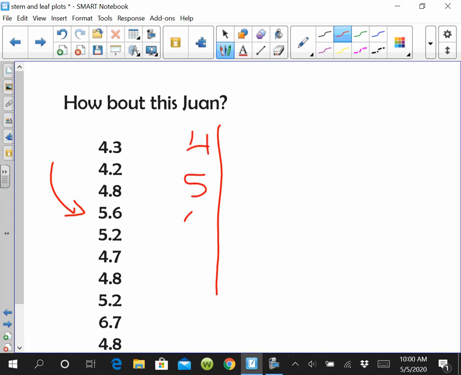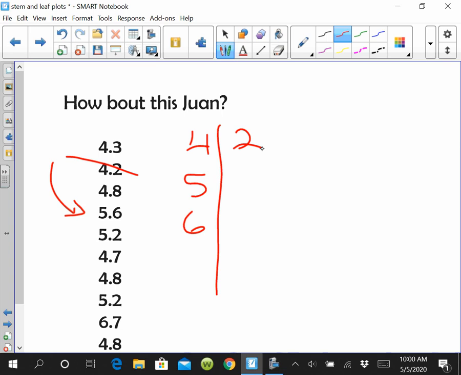If I was doing a stem and leaf plot here, I can see the numbers in the 4s, 5s, and 6s. And let's see, at 4, what's the smallest number here? 4.2. I'd go 4.2 for 4.2.